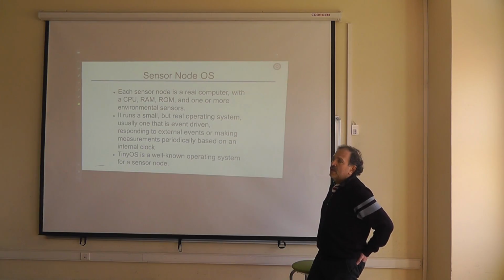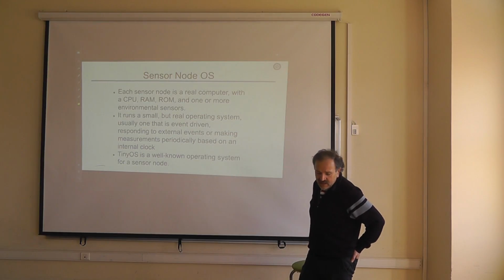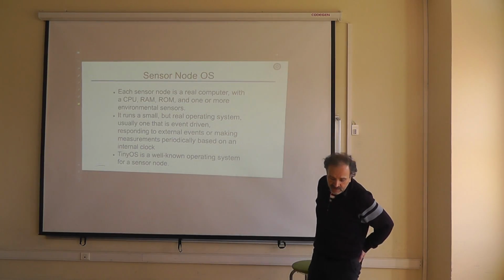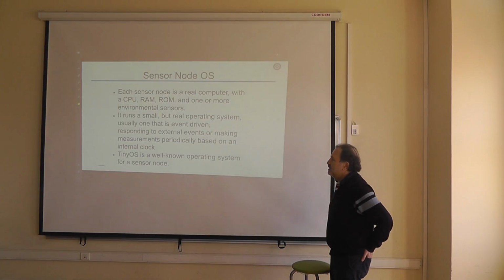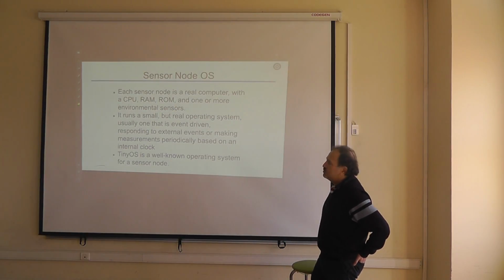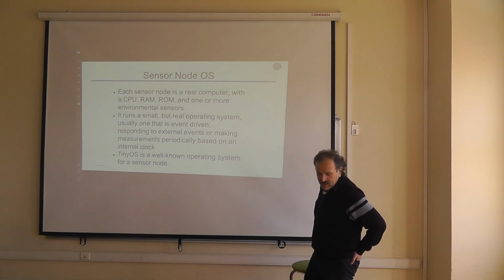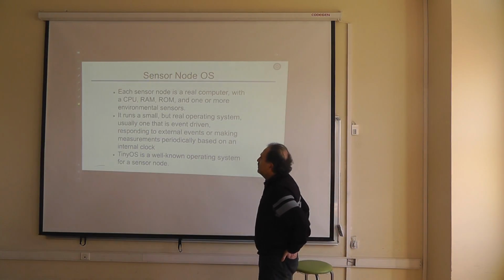You put these sensors in different places on Earth, and each sensor is actually a computer. It reads all that data. It has to process that data, and it communicates that data to the central computer, some kind of a server.